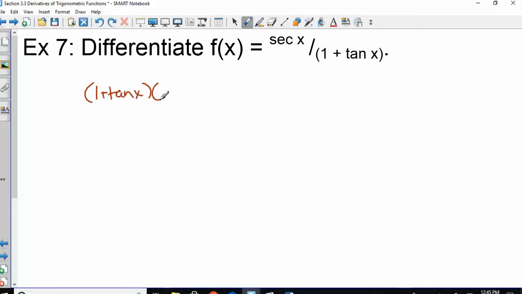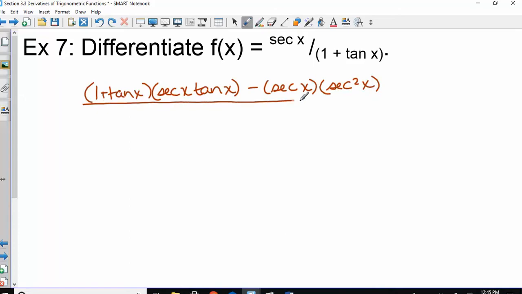D high, derivative of secant is secant tangent, minus high d low, derivative of the bottom. So derivative of 1 is 0 plus derivative of tangent, secant squared, over low squared.